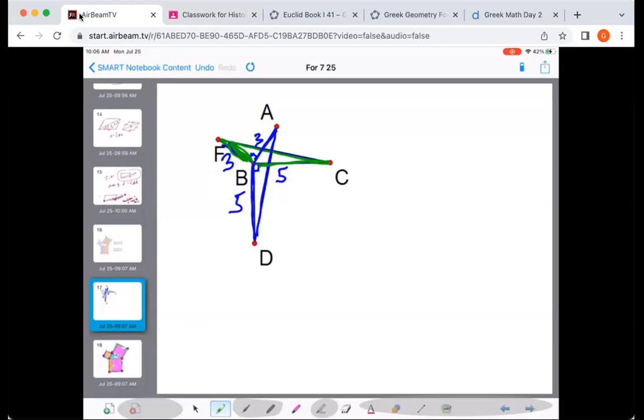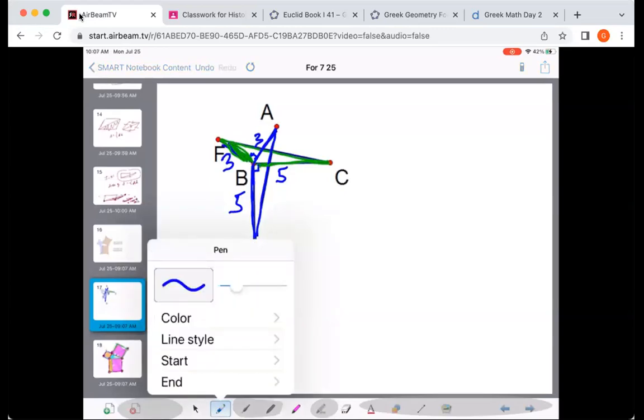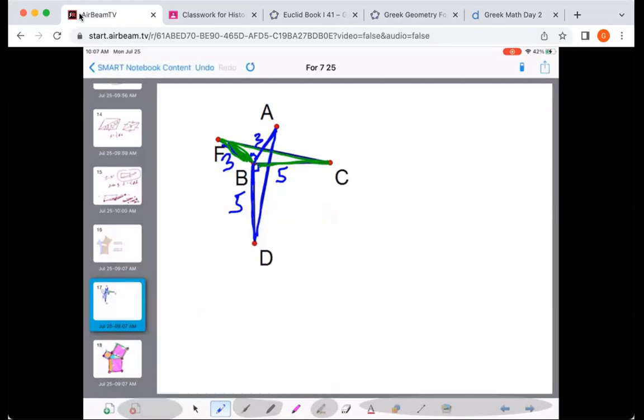And the blue triangle also has a 3 and a 5. But the 5 applies to the BC and the BD, right? That's right. The 5 is the BC in the green triangle, and it's the BD in the blue one. So there's like a vertical triangle and a horizontal triangle.